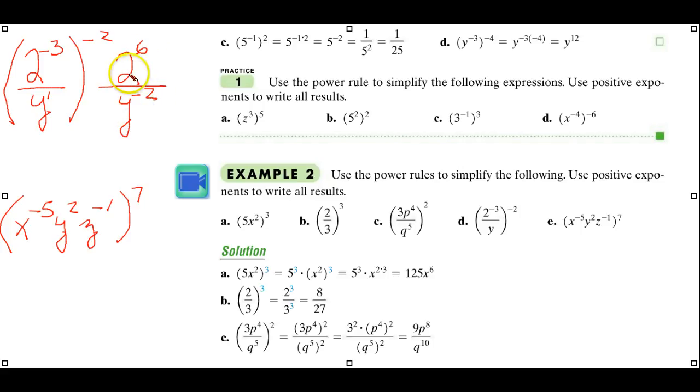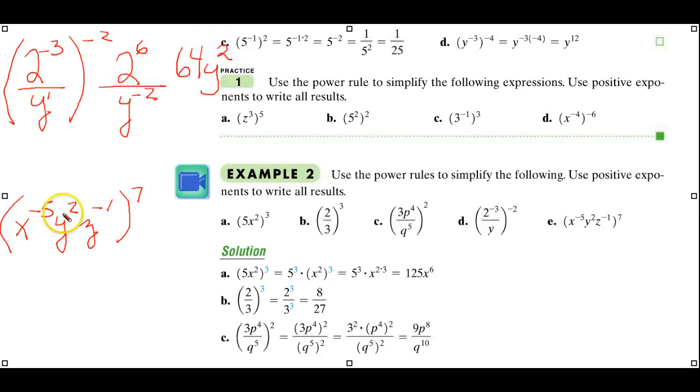We have to simplify this. 2 to the 6th power is 64. 2 to the 5th is 32. And then this will become up to the numerator as we move our exponent across the division bar.